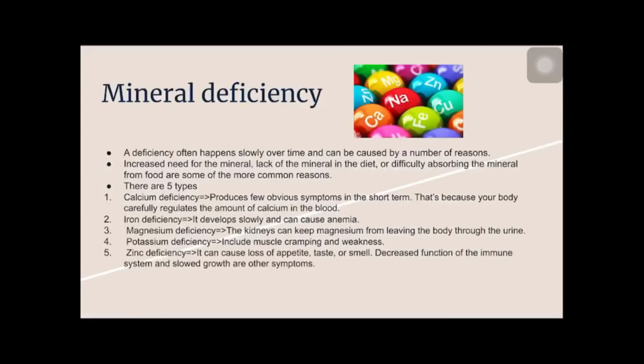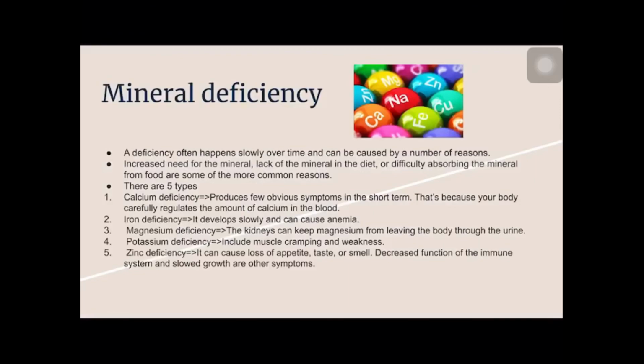Calcium deficiency. It produces few obvious symptoms in the short term. That is because your body carefully regulates the amount of calcium in the blood. Iron deficiency. It develops slowly and can cause anemia. Magnesium deficiency. The kidneys can keep magnesium from leaving the blood through the urine.